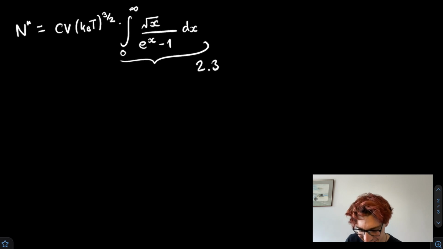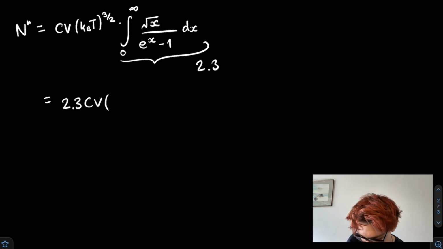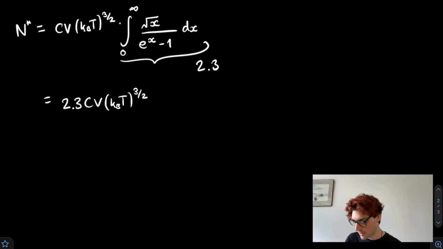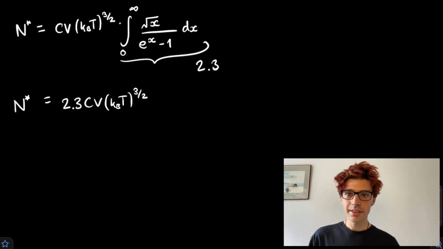And so let's rewrite this in its much more simplistic form. It's 2.3 multiplied by CV times kBT to the power 3 over 2. So that's n star. Let's think about what we have actually calculated for a moment.